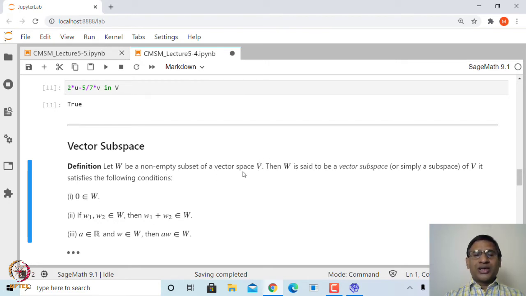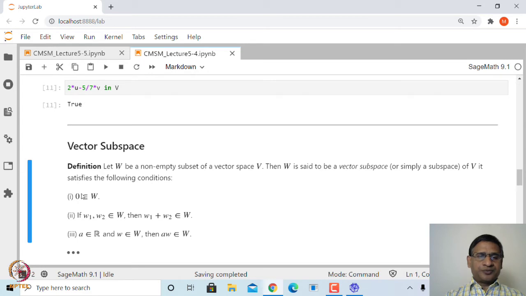Unless I mention otherwise, we will assume that V is a vector space over R. And we say that W is a vector subspace if W itself is a vector space over the same field R. We say either vector subspace or simply subspace. So what are the properties it should have? Either you say that W itself is a vector space over R, or it satisfies the following properties.